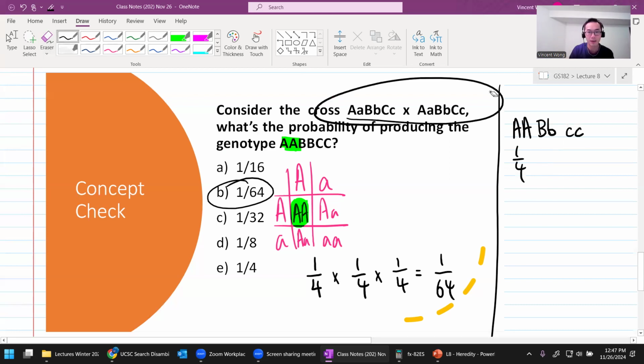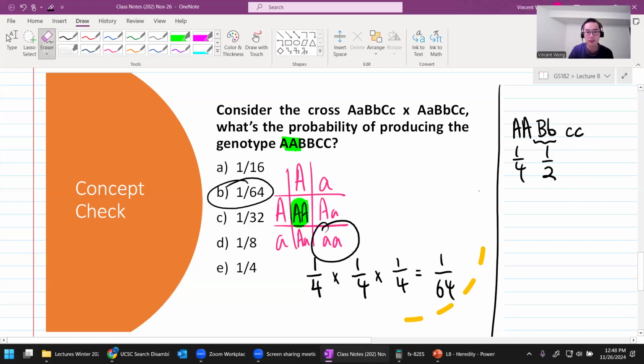Again, with the same parents, big B, small b. Big B, small b would be like this one, right? Which is 1/2. Small c is like this one, which is 1/4.